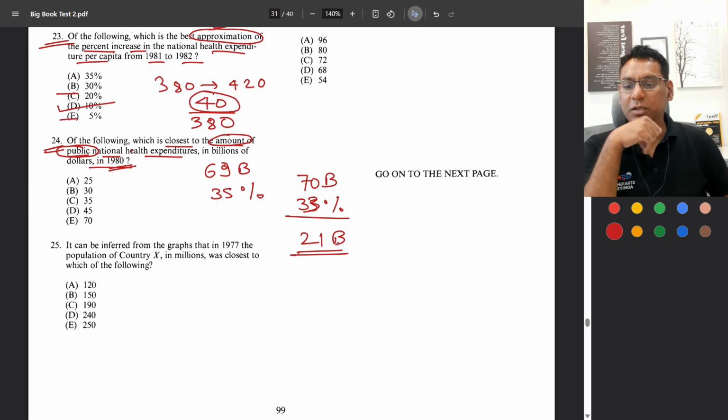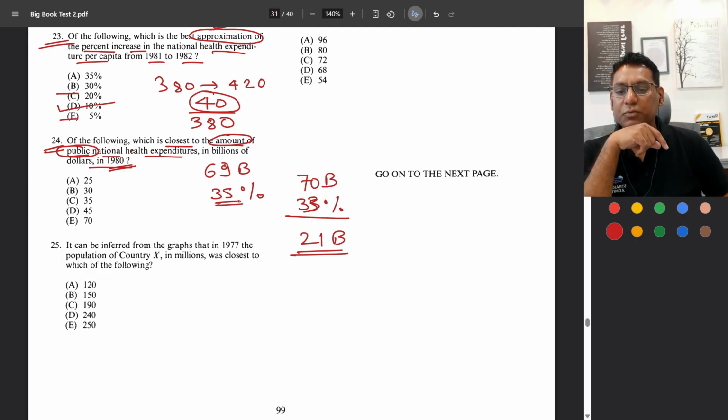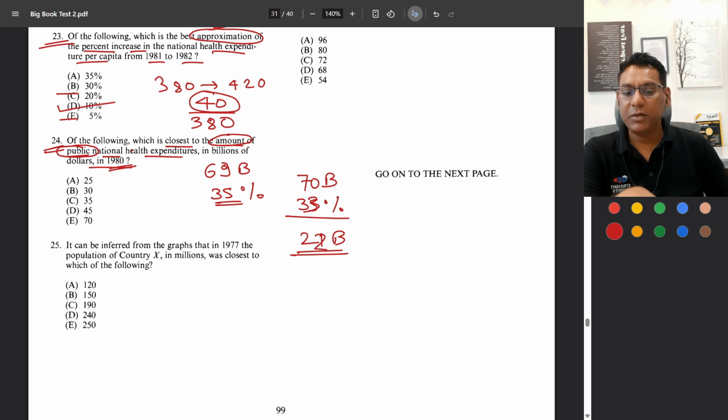More than that actually, because it is supposed to be 35%, whereas 31 billion would be more like one third of this. Am I getting it right? Oh, one third, so it will be 22, 23 something. The closest answer anyway is 25 billion. And you will see that the other answer choices are also fairly big. So the answer has to be A.